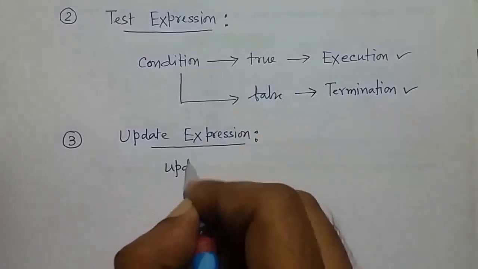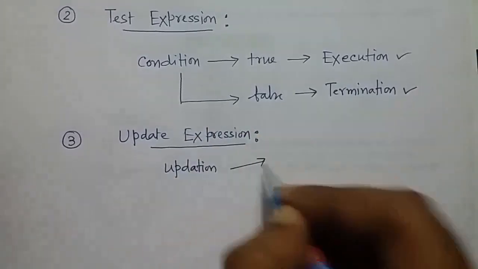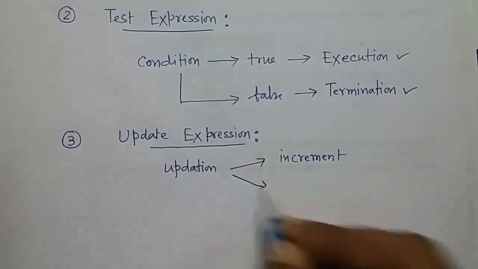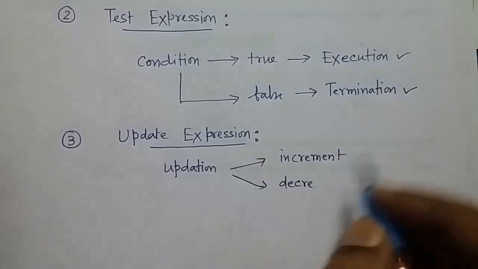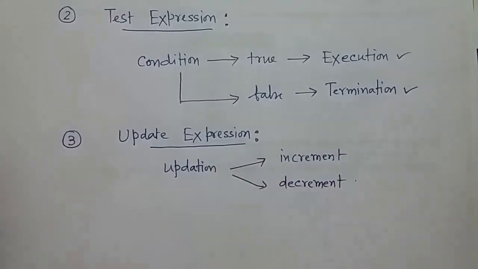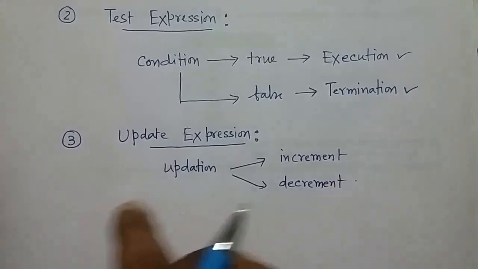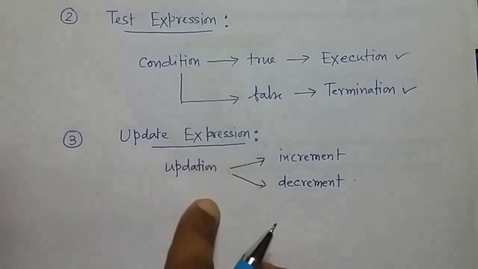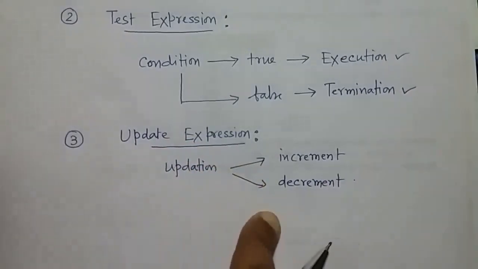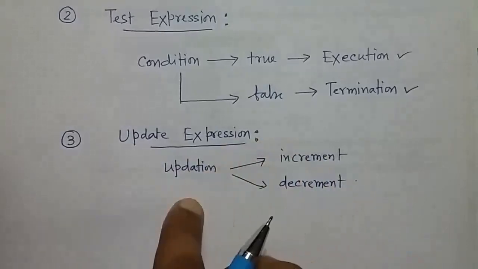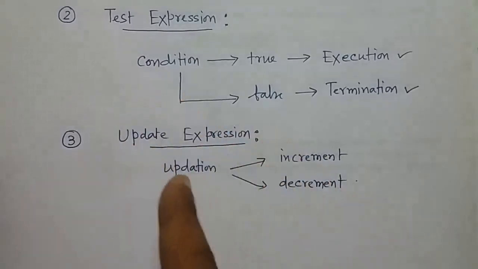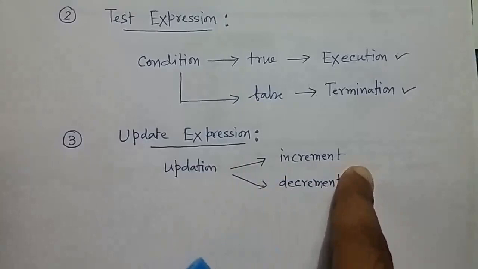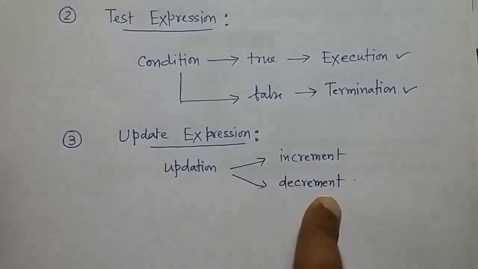So updation can be of two types: increment, or decrement of the value of the loop control variable. This update expression gets executed after the execution of the body of the loop. So when the body of the loop has been executed, only then the value of the loop control variable will be updated. That means it may be incremented or decremented by some values.